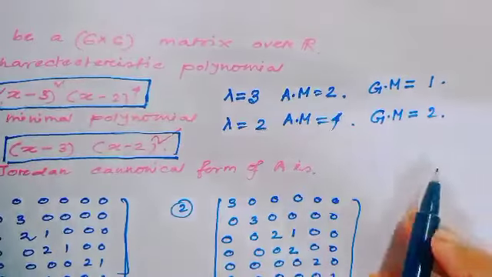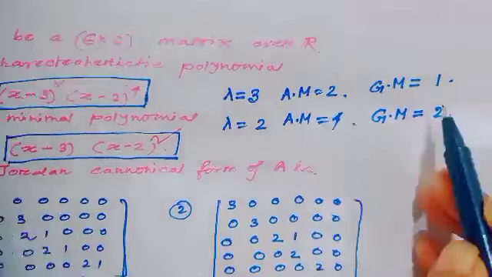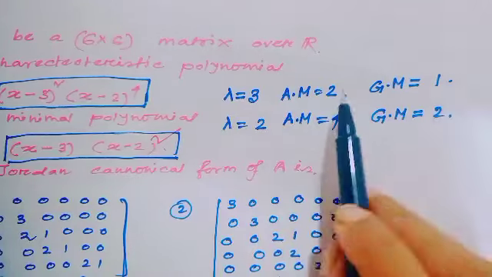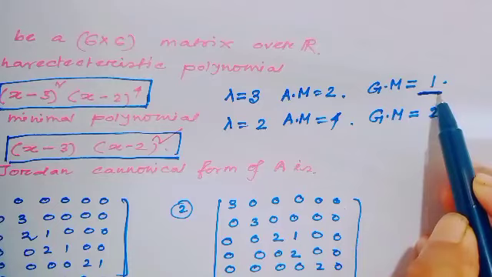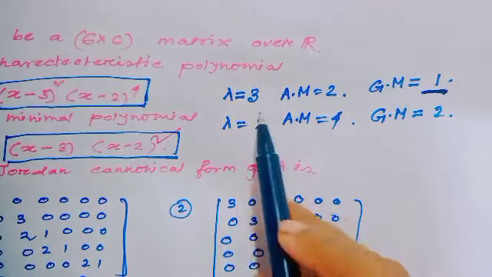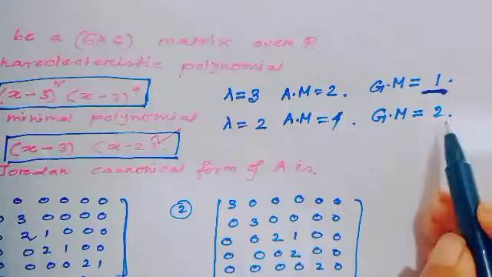And notice, since the geometric multiplicity of lambda equal to 3 is 1, the highest possible Jordan block is 1 for lambda equal to 3. And the geometric multiplicity of lambda equal to 2 is 2.